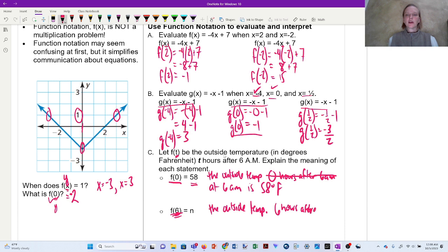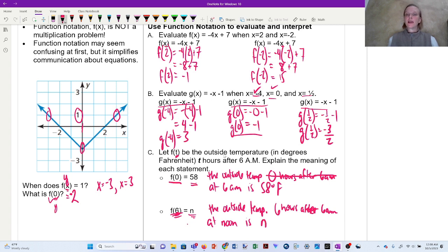after 6 a.m. 6 hours after 6 a.m. That brings me up to 12 o'clock, 12 noon. So what I'm really saying is the outside temperature at noon is N. N isn't a numeric temperature, but it does represent a temperature.